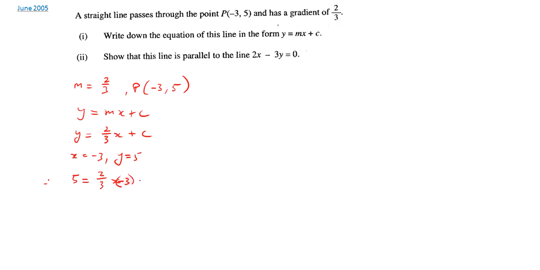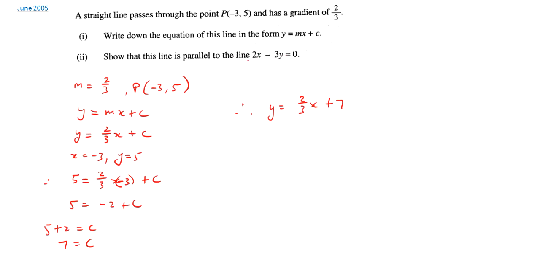So this is minus 3 here, plus c. So 5 is equal to minus 2 plus c. Therefore, 5 plus 2 is equal to c. Therefore, c is equal to 7. So therefore, the equation of the line we want is y equal to 2 over 3x plus 7.